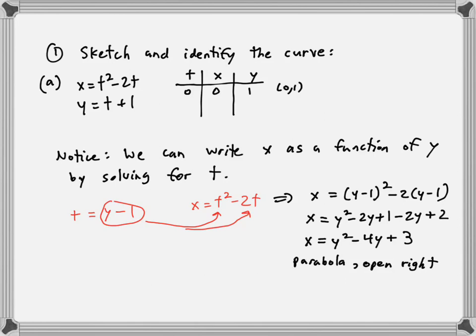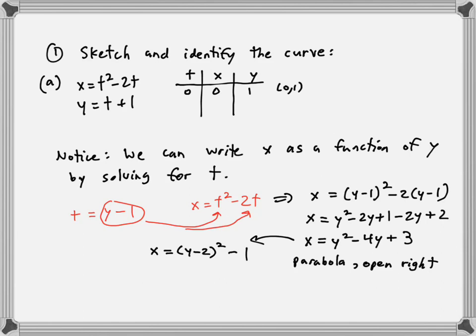But how do you actually graph this thing? Well, one way we could do it is by completing the square. Another way we could do it is by using a vertex formula. Let me show you the completing the square method. If you complete the square, you get this.